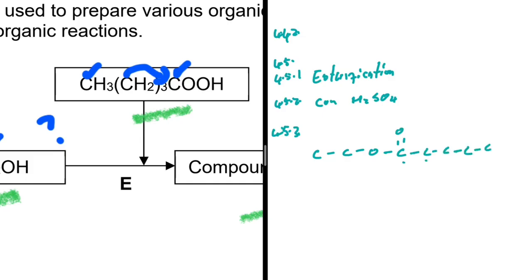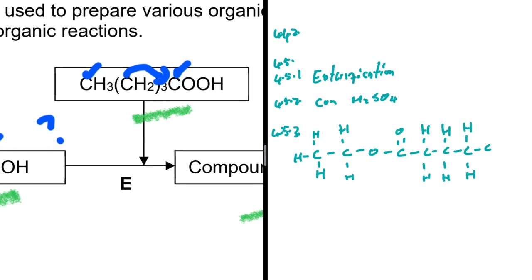So in total, 1, 2, 3, 4, 5. We have our 5 carbons from the carboxylic acid. So now, what we just need to do is to fill out the hydrogens everywhere else. I hope we're looking for the structure of the product and not the entire reaction, right?